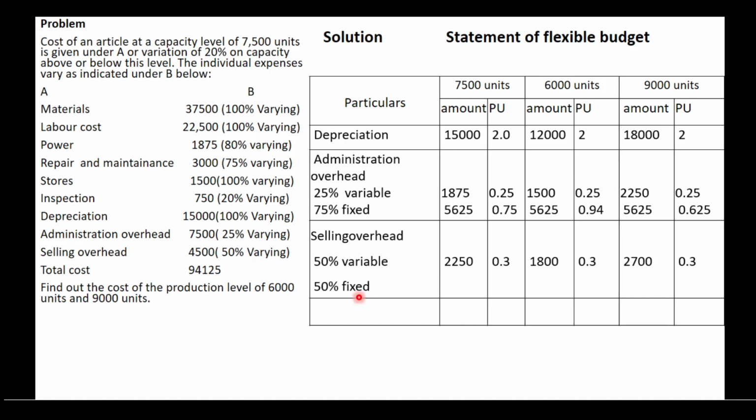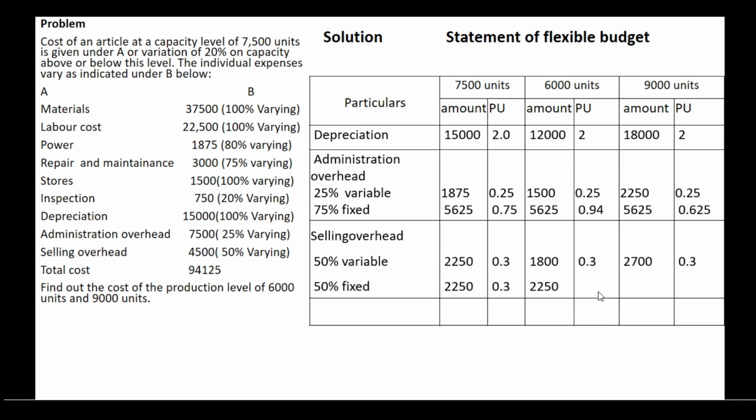So 50% fixed. It means the 4,500 into 50 divided by 100, the amount are 2,250, and the cost per unit, that is 2,250 divided by 7,500. So now the cost per unit are 0.3. So in the fixed, the amount are same. So for the 6,000 units, the amount are 2,250.